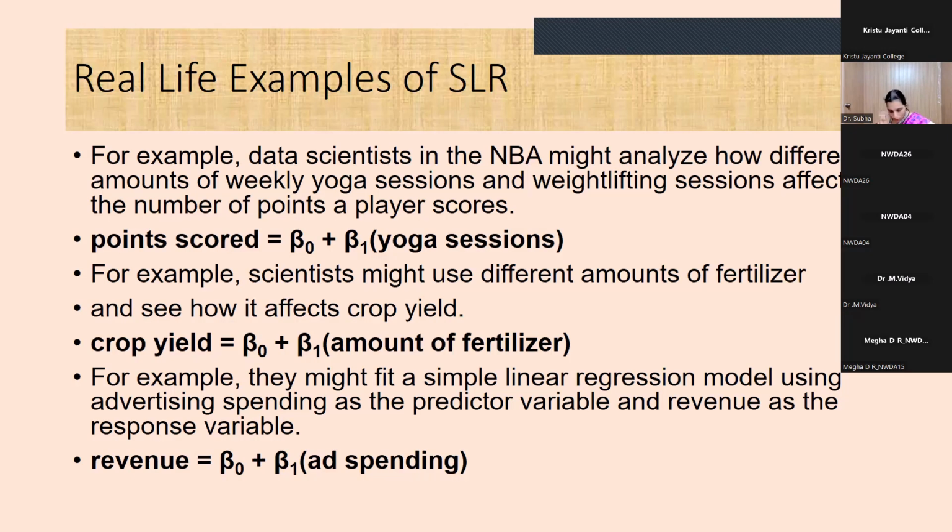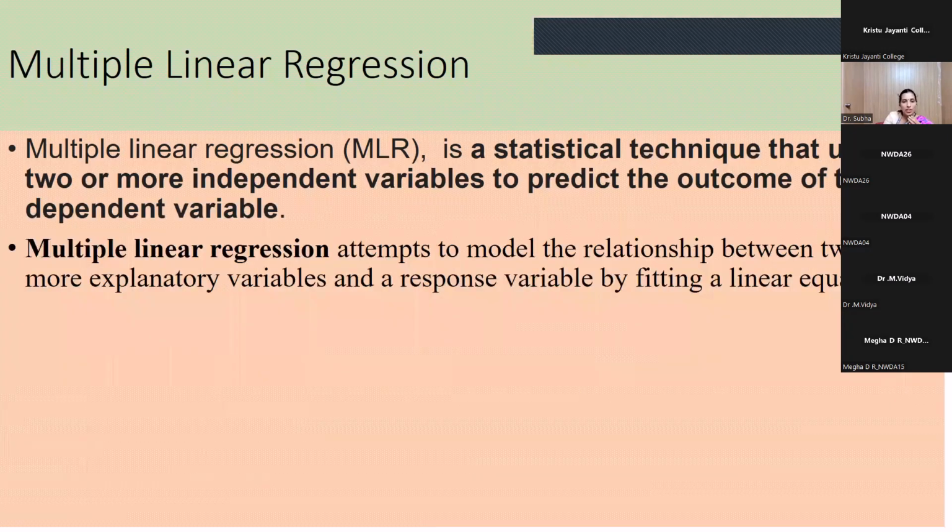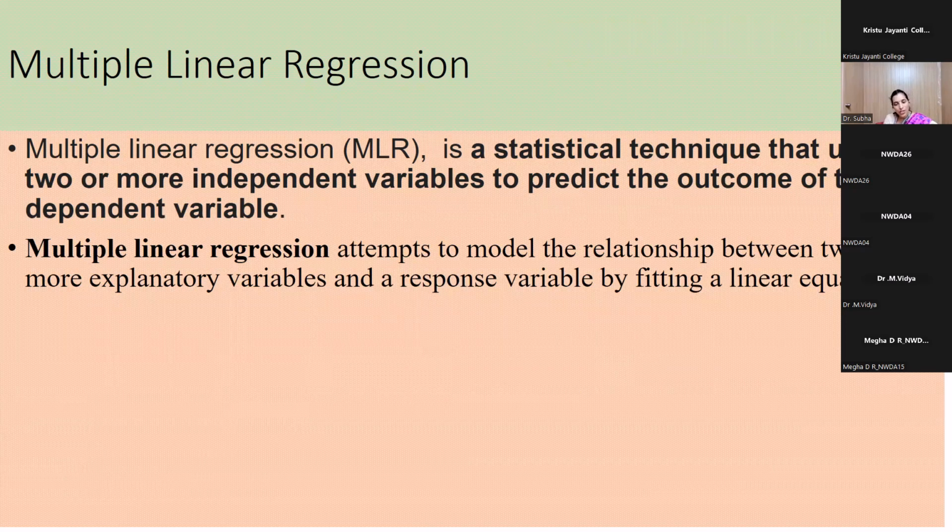Then we can go to multiple linear regression. Multiple linear regression is almost similar to simple linear regression. The only difference is that in simple linear regression, you analyze whether there is a correlation between the dependent variable and the independent variable, where both are continuous variables.